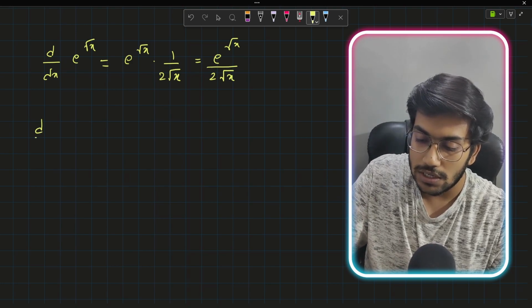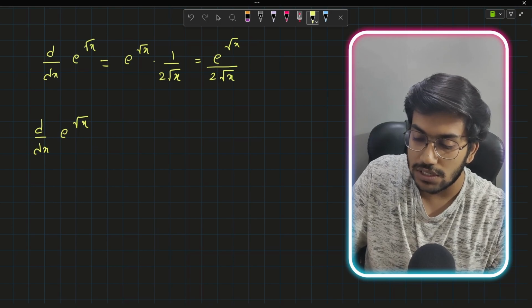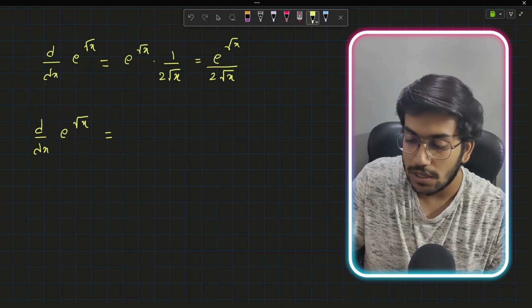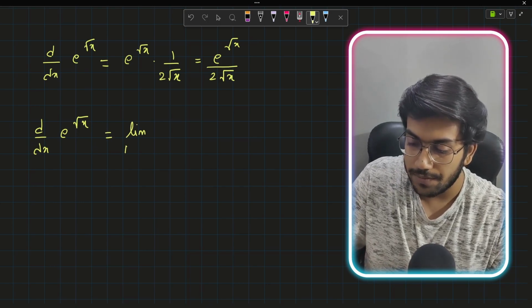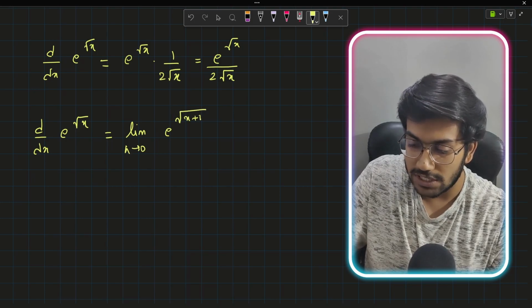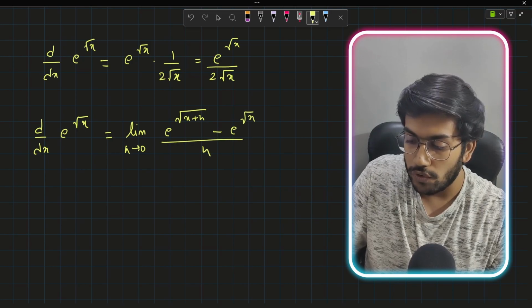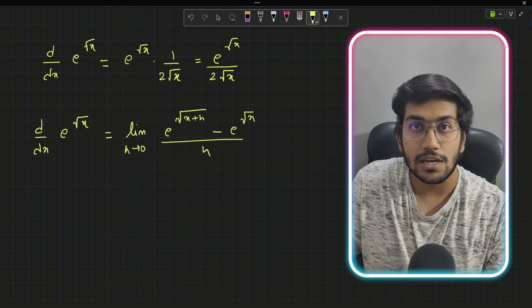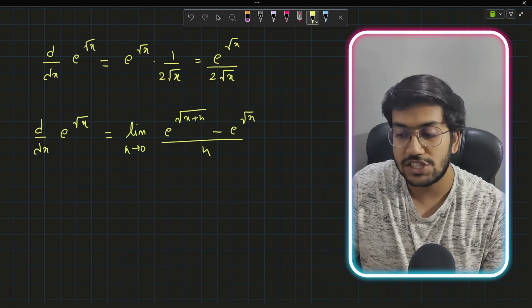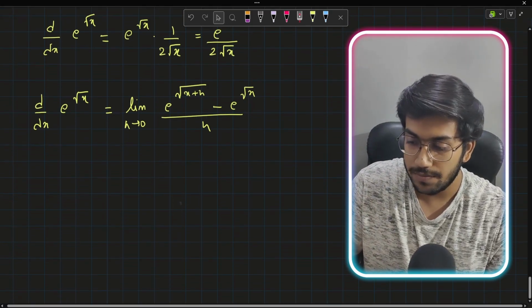So what does this actually give us in terms of the first principle? That is limit h tends to 0 of e to the power root x plus h minus e to the power root x over h. And for some reason, let's just factor out e to the power root x.